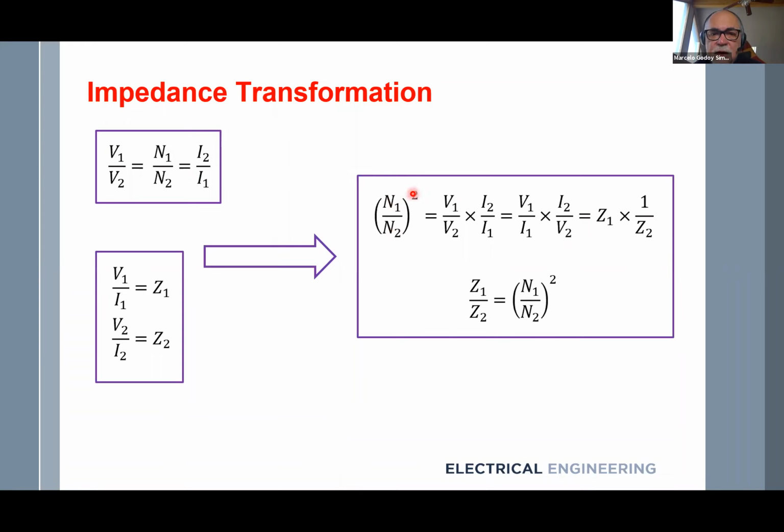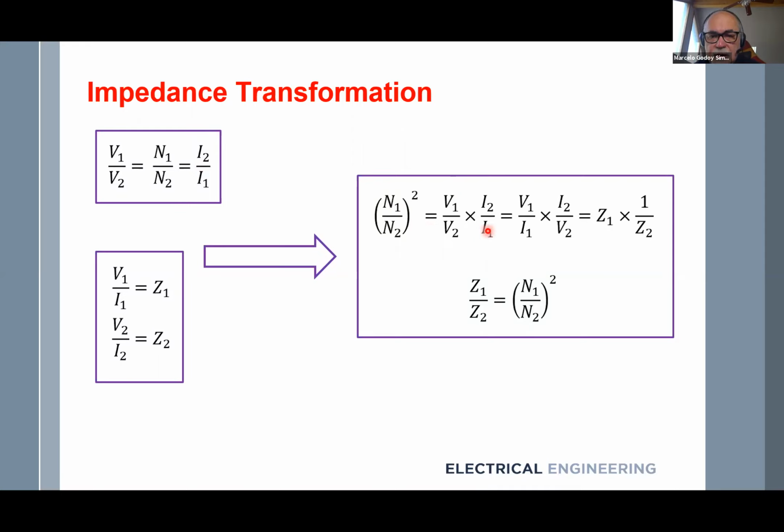When I square, I will have the same ratio multiplied twice. But then I replace the first N1 divided by N2 by V1 divided by V2, and the second one, because it's a square, I replace by I2 divided by I1. So pretty much what I'm doing is, when I square, I take the voltage ratio and multiply by the current ratio here.